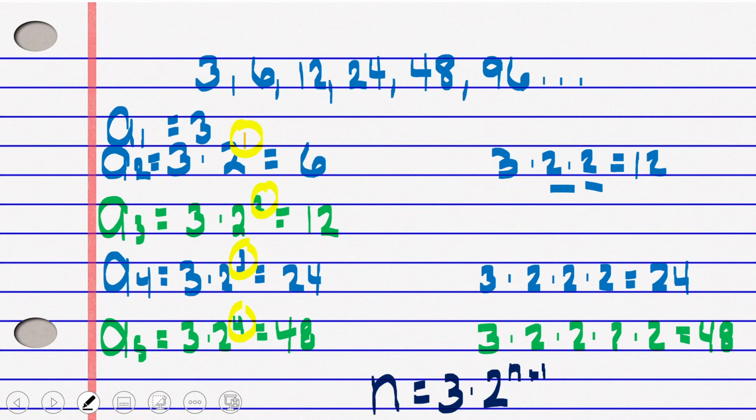So A of 1 is our first term, and then our ratio multiplier that's multiplied by is 2 to the exponent of the preceding term.